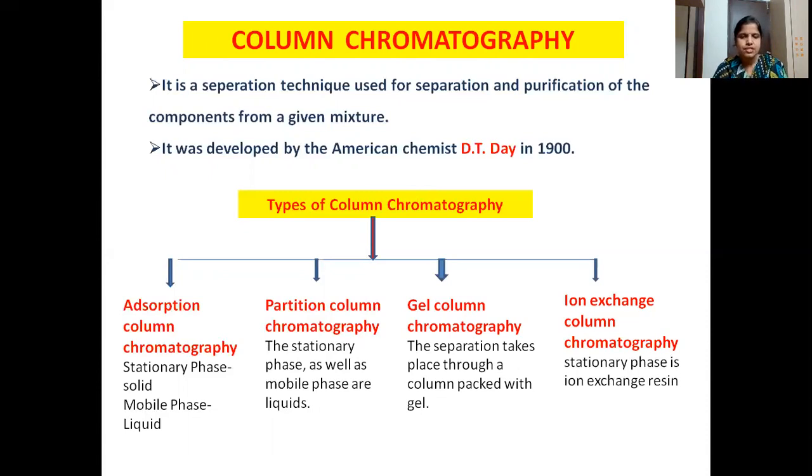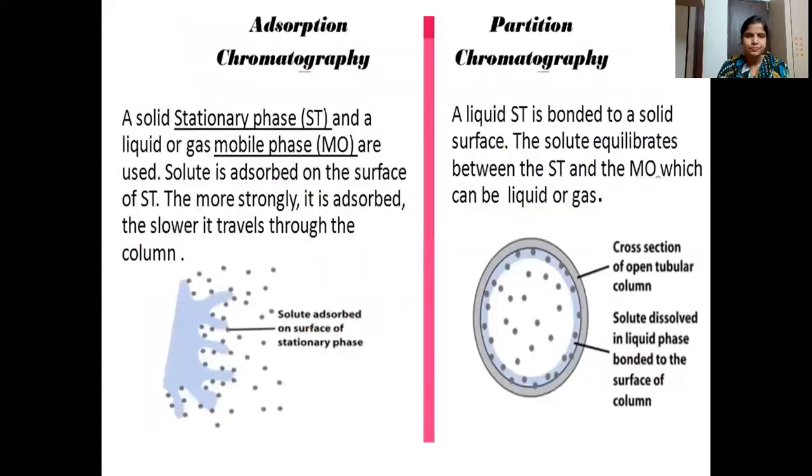Because of this resin, which has ions embedded on it, it will help in the separation of the ions. So these are the four different types of column chromatography, dependent on the principle used: adsorption column, partition column, gel column, and ion exchange column chromatography.